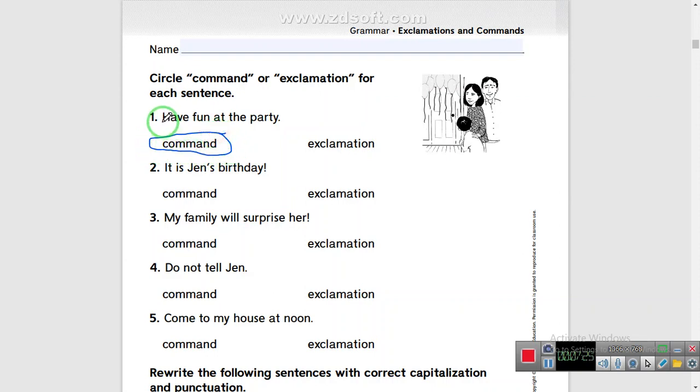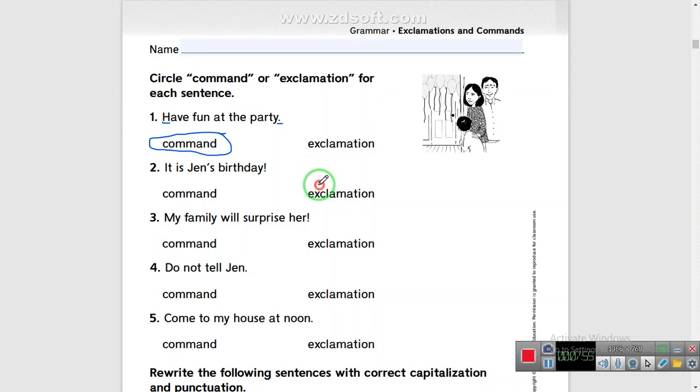And as you can realize, it starts with a capital letter and the command always ends with a point, right? Don't forget this. Now number 2. It is Jen's birthday! Is it a command or an exclamation? If you circled exclamation, then your answer is correct.